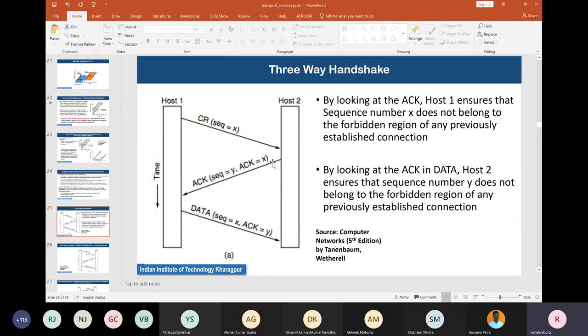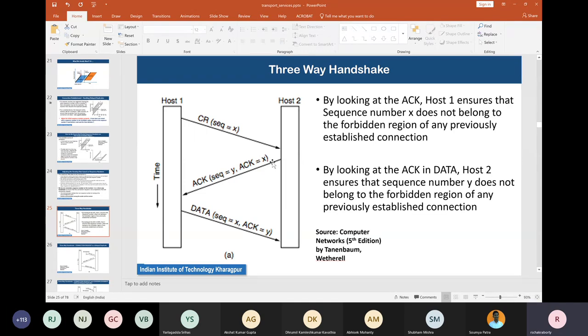This acknowledgement segment has two fields. One is a sequence number field and the other is an acknowledgement number field. This sequence number field, by the way, now corresponds to host 2's sequence number, not host 1's sequence number anymore. This is crucial to understand.